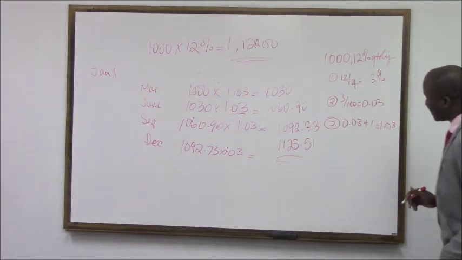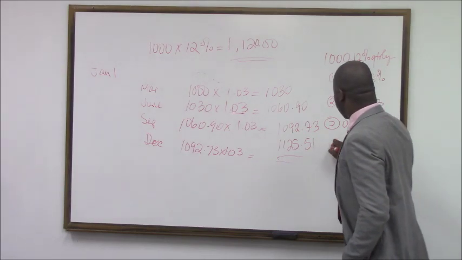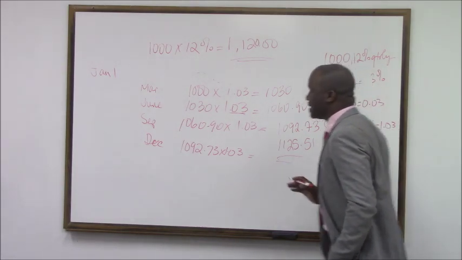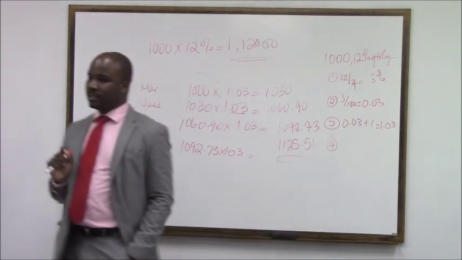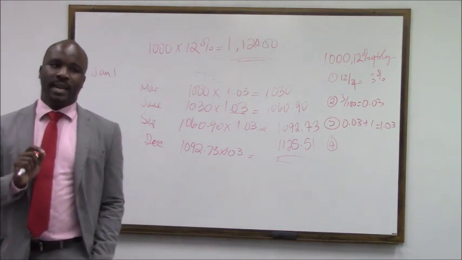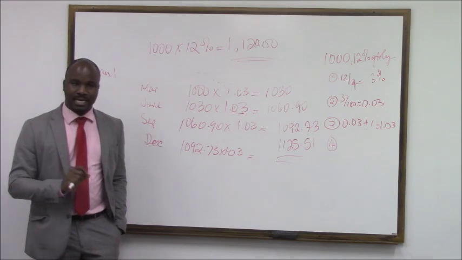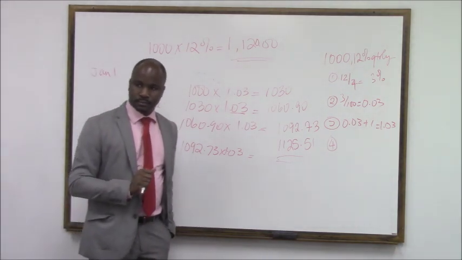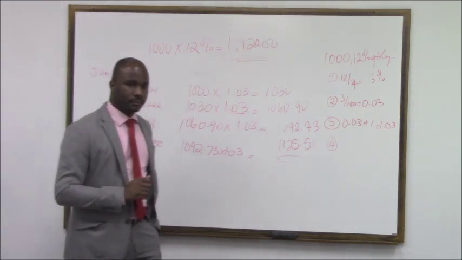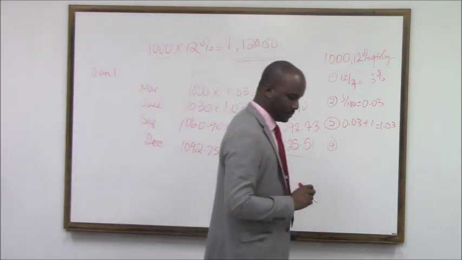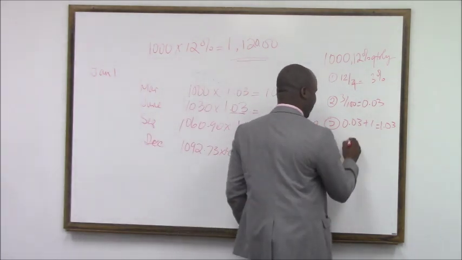Your fourth step is that you now take that and put it to the power of how many times you compound interest for that year. How many times would that be? 4. You sure? If it's quarterly, okay, I just want to make sure.